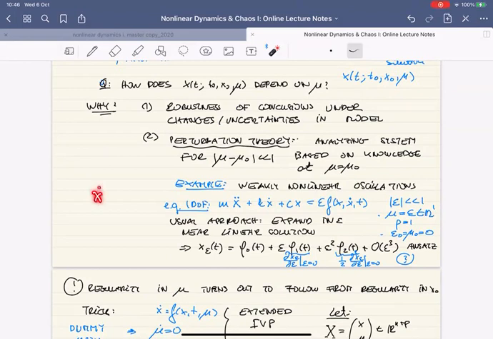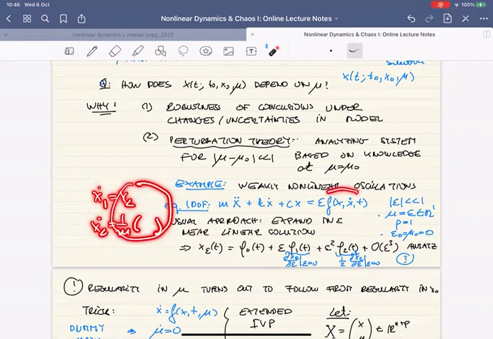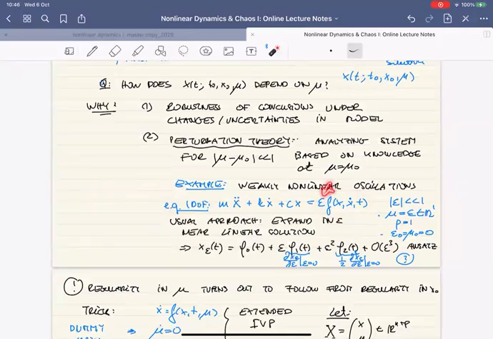You would write x1 dot equals x2, and then x2 dot equals 1 over m times everything you see here. But that doesn't change the fact that the right-hand side, which would be x2, which is x dot, plus whatever you see here, is as smooth in epsilon as you want it to be because it's linear. So if this was really the case, then this is no longer just an assumption. This is a completely legitimate way of writing the solution because the solution is C infinity in epsilon. You can keep going, okay?